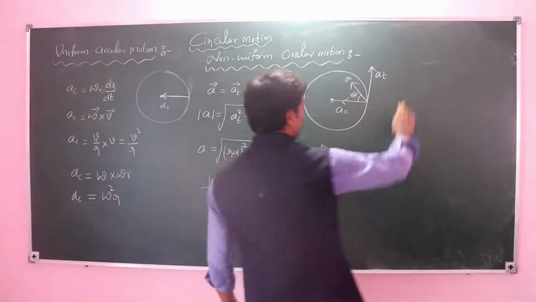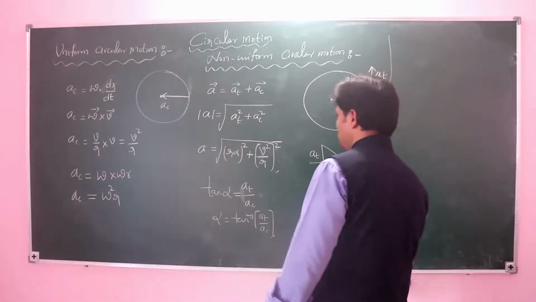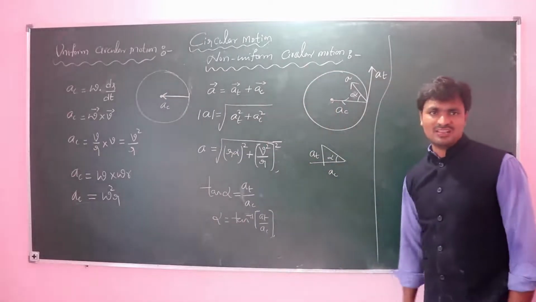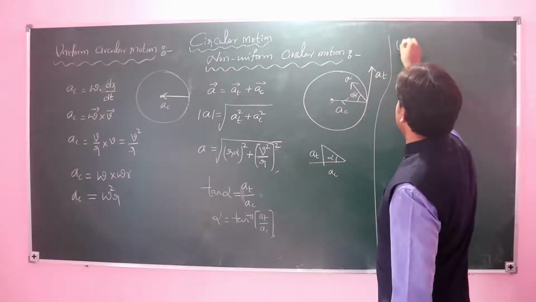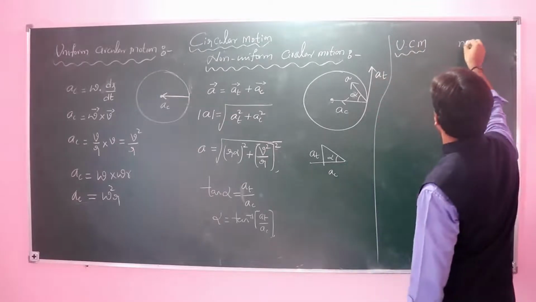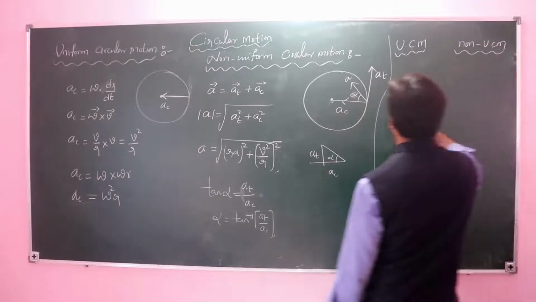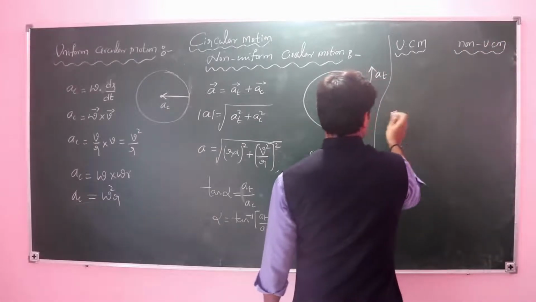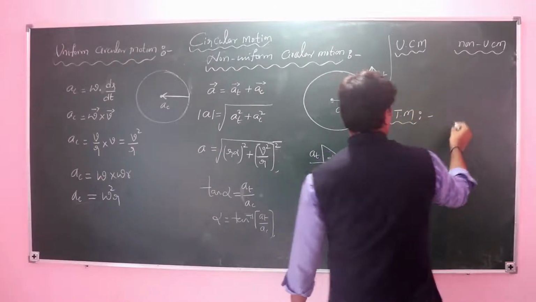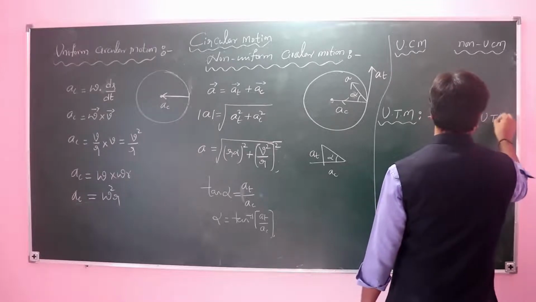Let's see how we are taking the different motions. We just saw uniform circular motion and non-uniform circular motion. So I am simply taking UCM, uniform circular motion, non-UCM, non-uniform circular motion, and UTM, uniform translatory motion, non-UTM, non-uniform translatory motion.